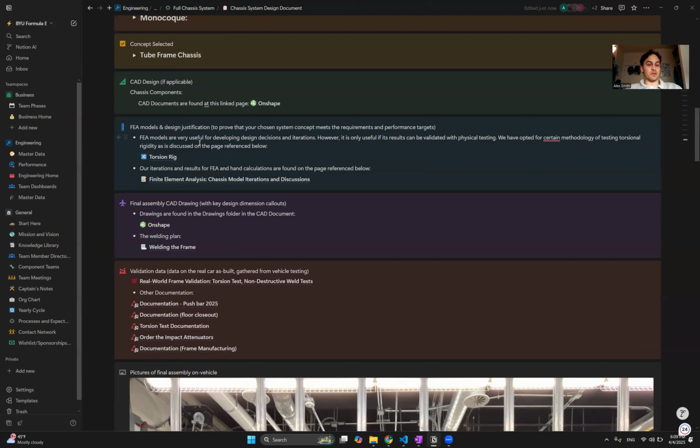So the way that the chassis team has decided to set up our finite element analysis, which is outlined in this document and talked about in my next video, is we step back and look at ways other universities were doing this. This is part of concept development. We said, okay, we need to be doing these tests. So how are we going to perform them and how do other teams do it?